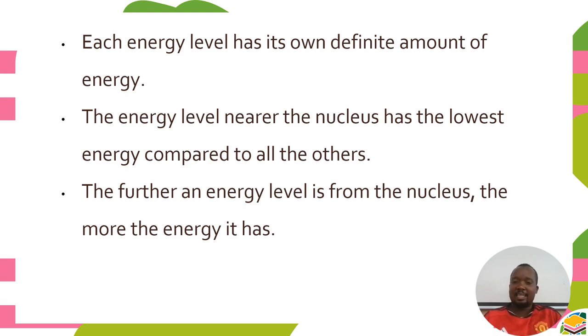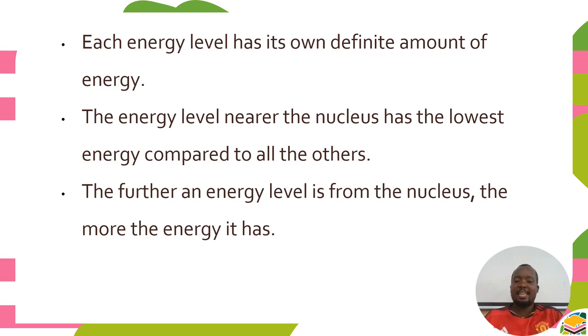This energy level is referred to as the innermost energy level or the innermost shell. It is very close to the nucleus and it has the lowest energy compared to other energy levels.